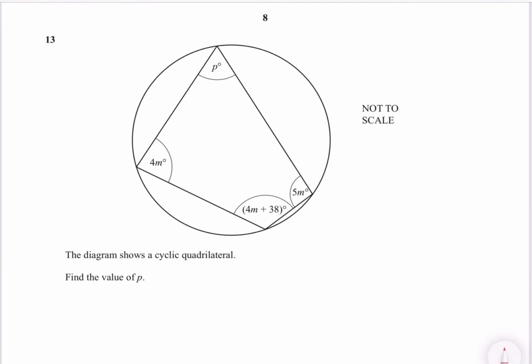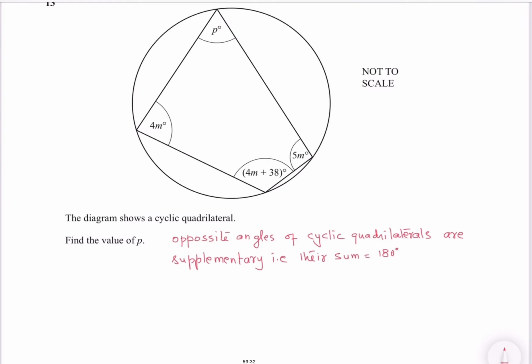Question number 13. Cyclic quadrilateral, and remember opposite angles are always supplementary, means their sum is equal to 180. So I can write p plus 4m plus 38 is equal to 180.